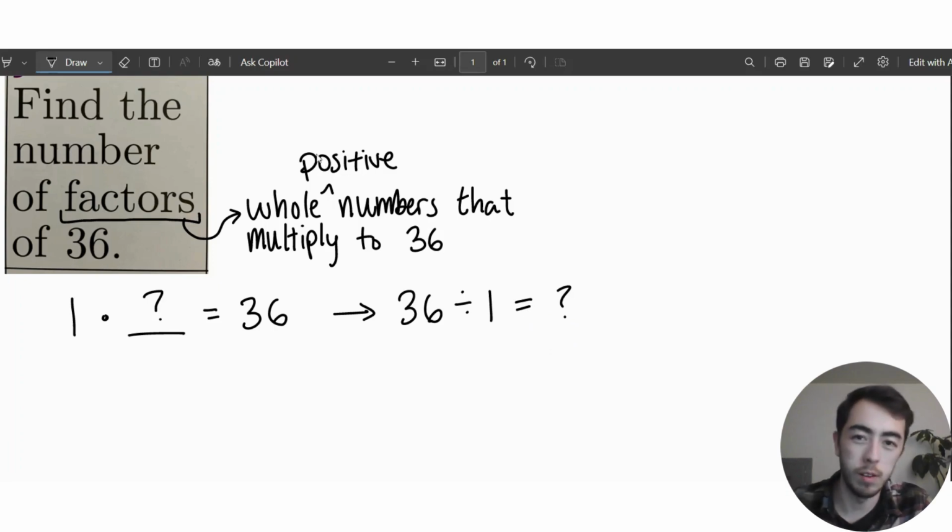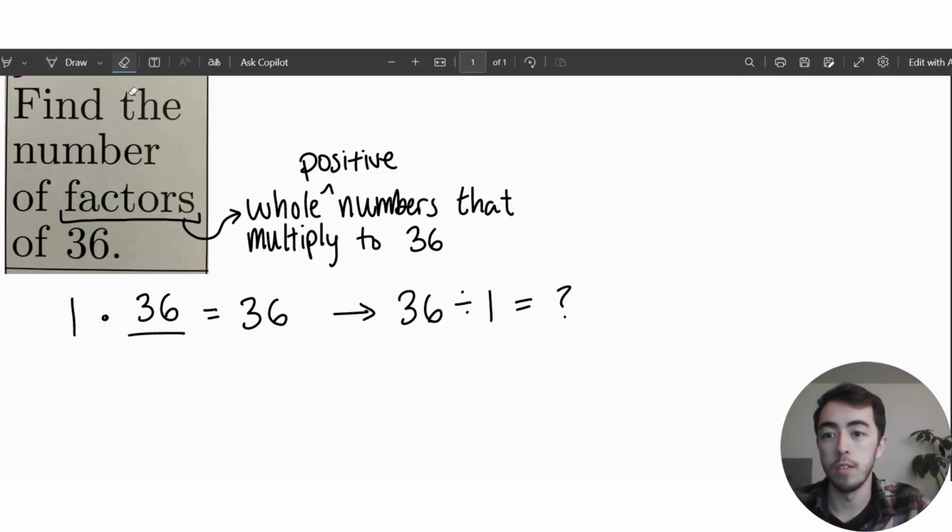And this is a fairly obvious question and a fairly obvious answer. A 36 should go into this spot, and I have found actually 2 factors of the number 36, 1 and itself. So here are our first 2 factors, 1 and 36.